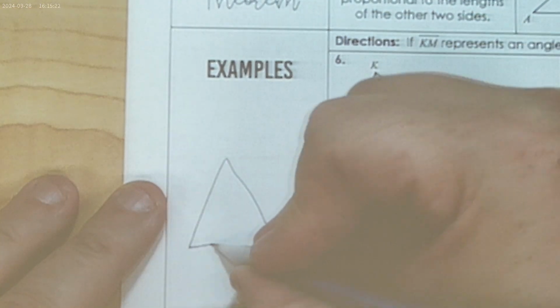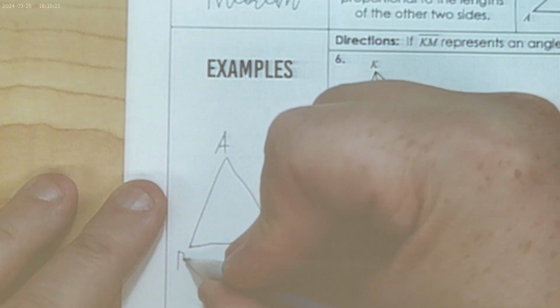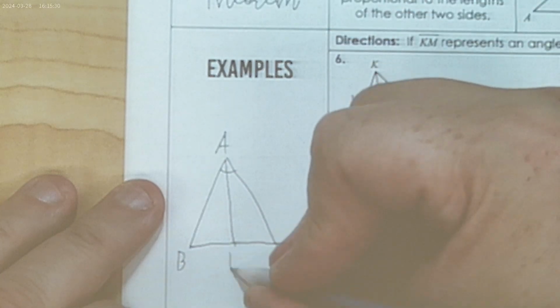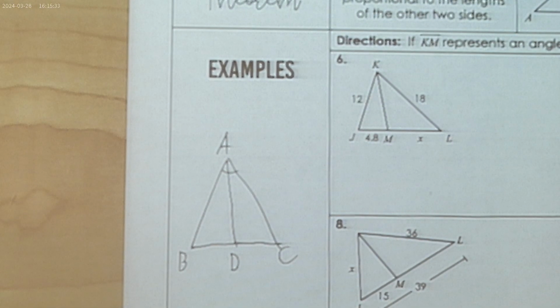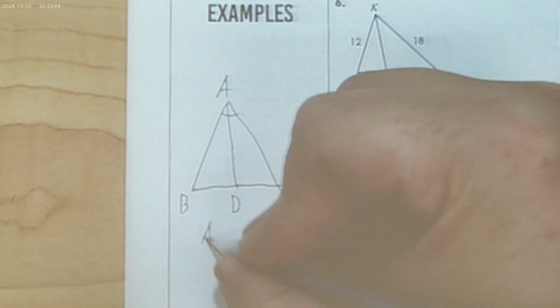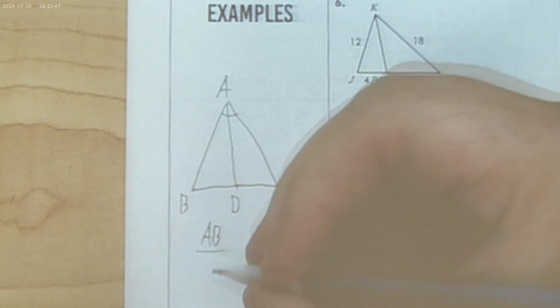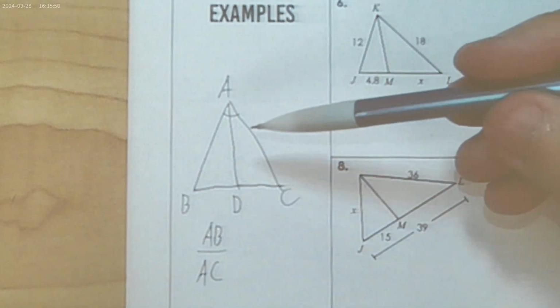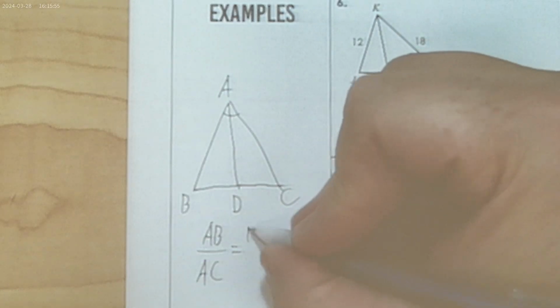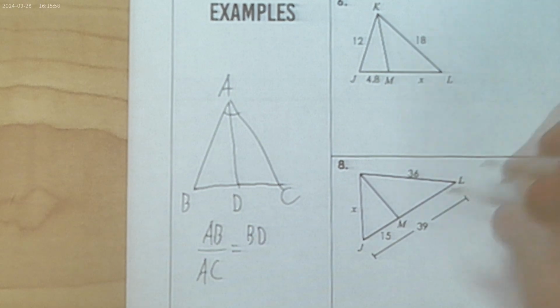But anyway, say that you have a triangle ABC, and then this angle here, and then you have an angle bisector, brings it down to point D here. Oh, there we go. Now we're centered. What the angle bisector theorem says is that side AB is to side AC, so the ratio of this side to this side, is going to be the same as the ratio of side BD to side DC.